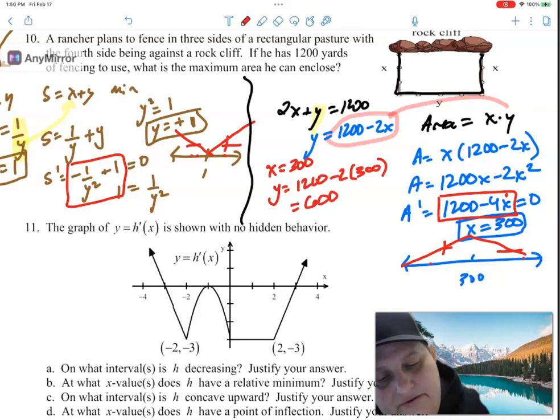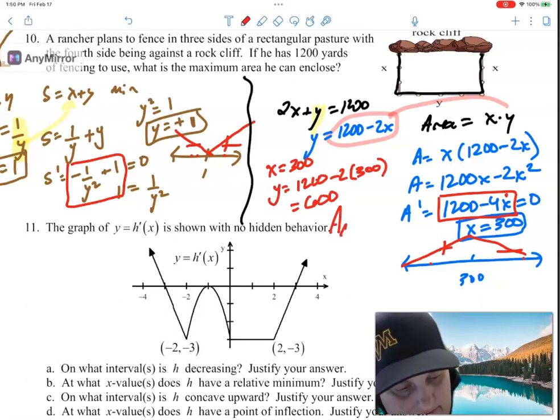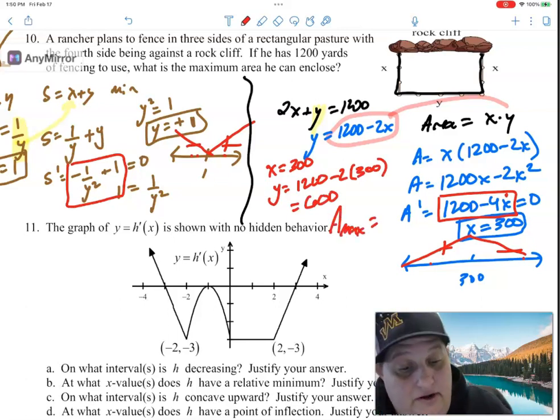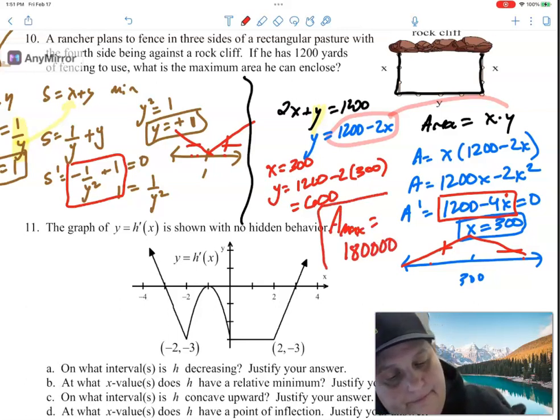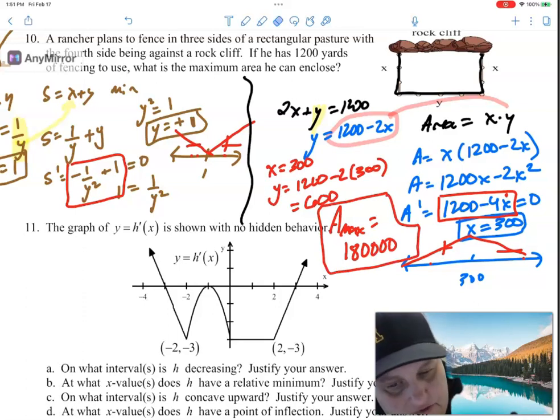So y is 600. And the actual max area is 300 times 600, which is 180,000 yards squared. These all follow the same exact pattern.